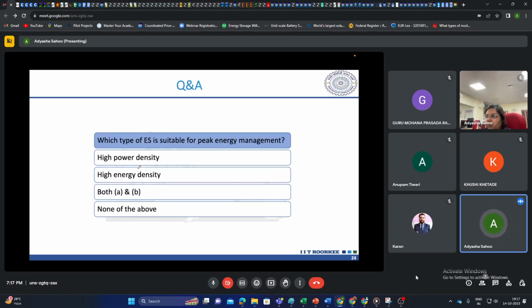Which type of energy storage is suitable for peak energy management? High power density, high energy density. Okay, anyone else? So we studied peak energy management, right?